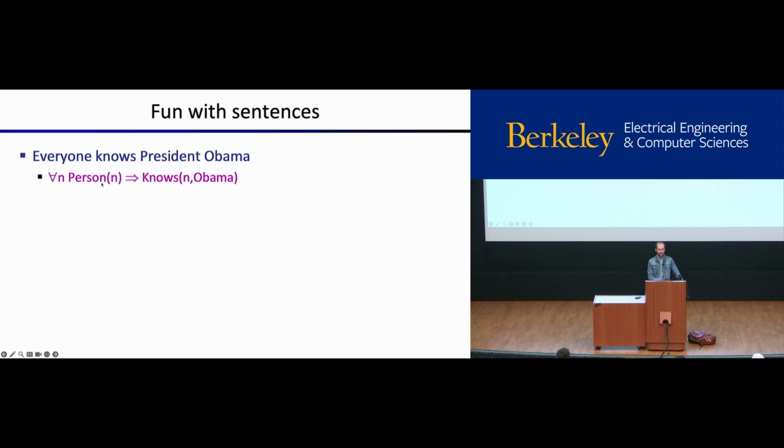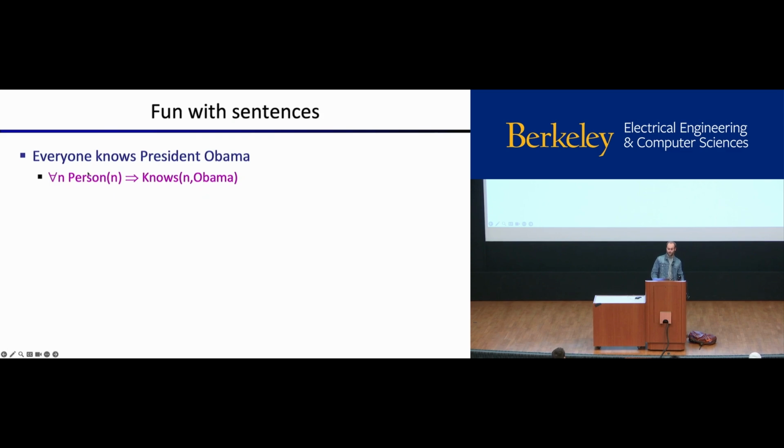Put up a 1 if you think this is a function, and 2 if you think this is a relation. This person thing. Yep, I'm seeing some 2s, maybe a handful of 1s, but mostly 2s. Yes, it is a relation. This is returning true or false.